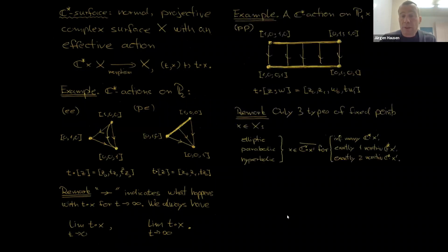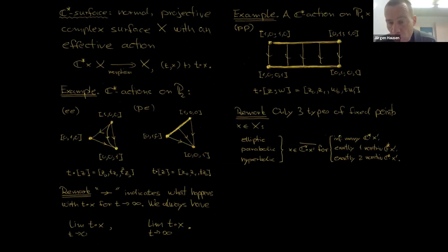We've already seen all possible types of fixed points of a C-star surface. There are 3 types: elliptic, parabolic, hyperbolic. It's called elliptic if the fixed point is in the closure of infinitely many non-trivial C-star orbits.